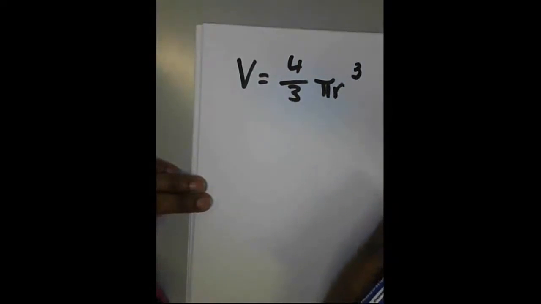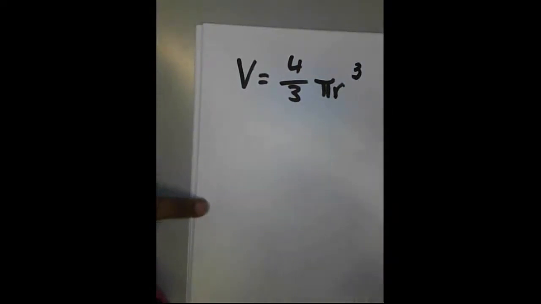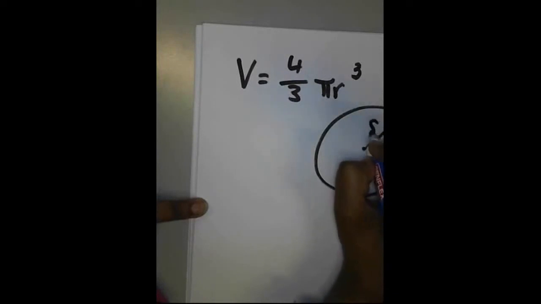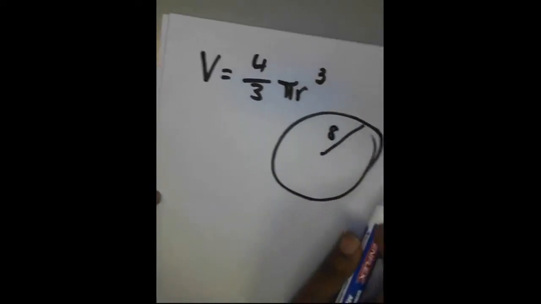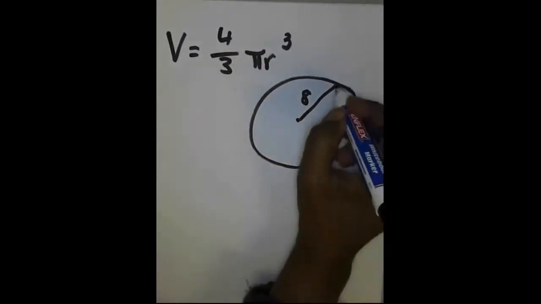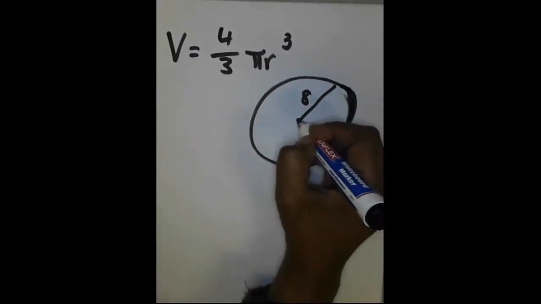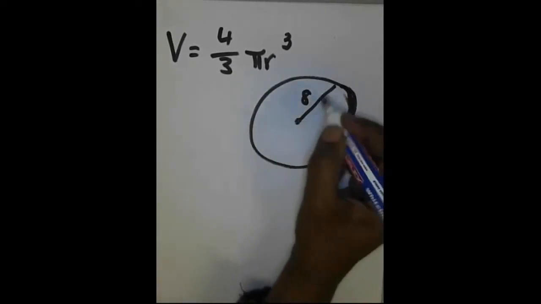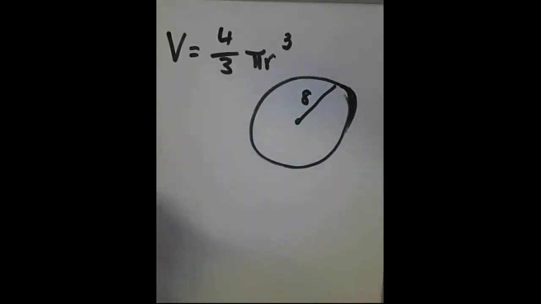Now, remember when we spoke about the sphere? They told me the radius is 8, so that line drawn from the center to the circumference happens to be 8. Now, it's not exactly round, it's a little bit elongated like a rugby ball, so the radius is 8.